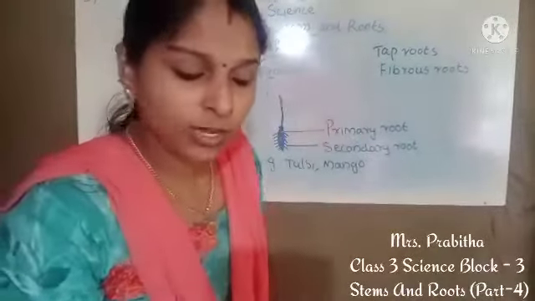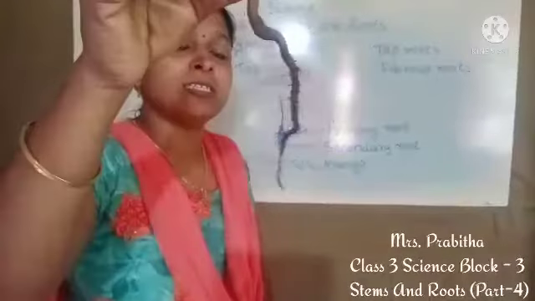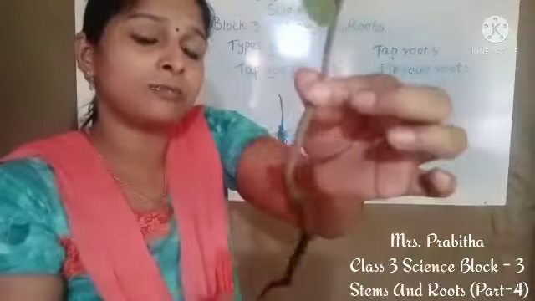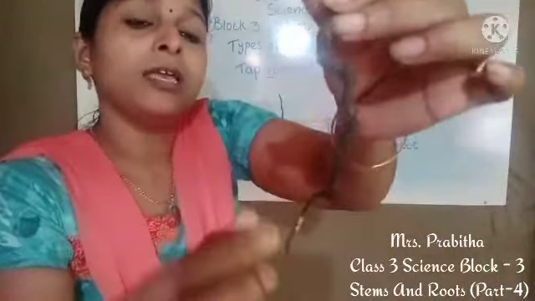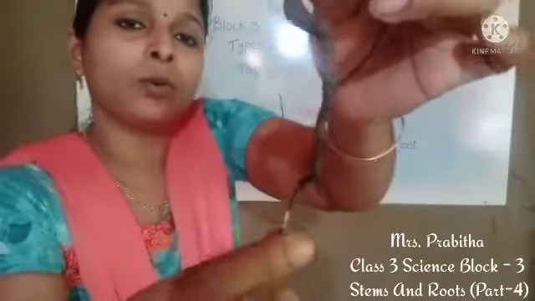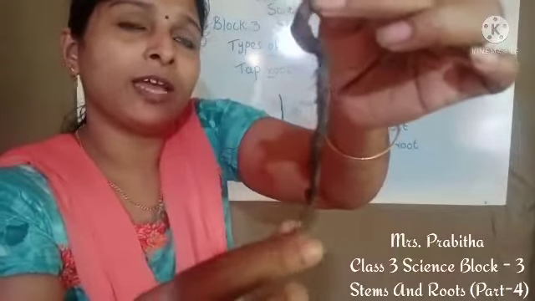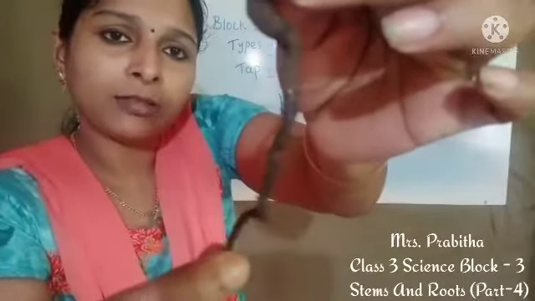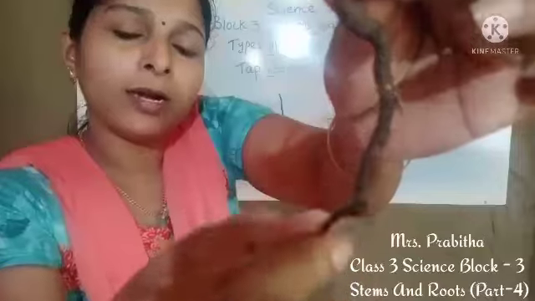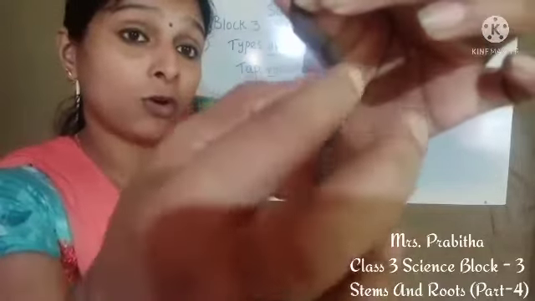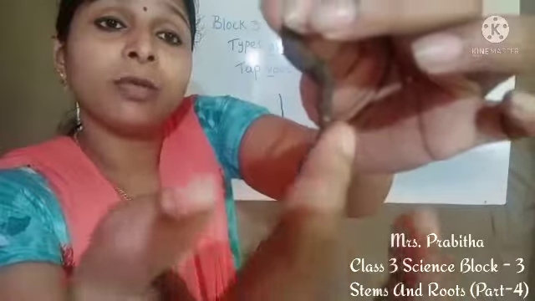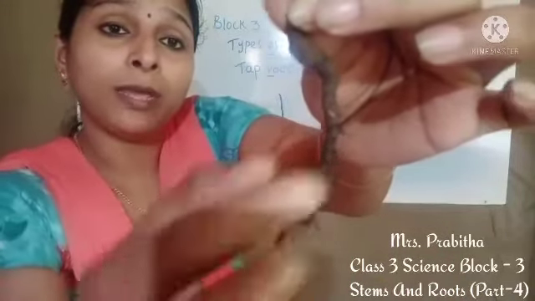One more example I will show you. This is mango. You can find this leaf. Yes, it is a mango plant. You can see one thick, strong primary root here, and some small roots are coming from the primary root or main root.